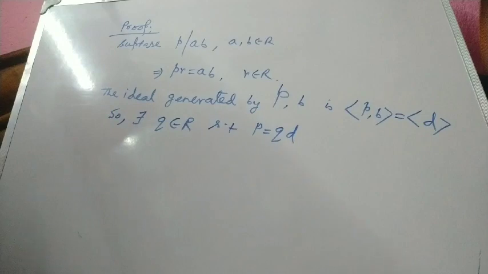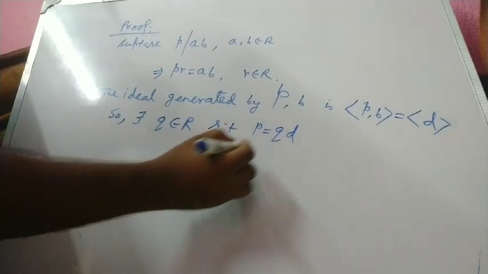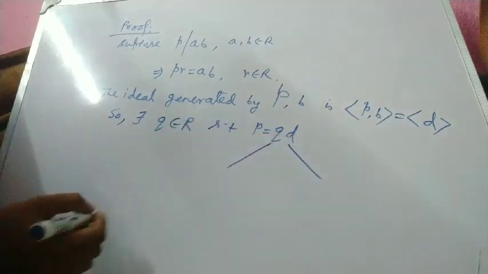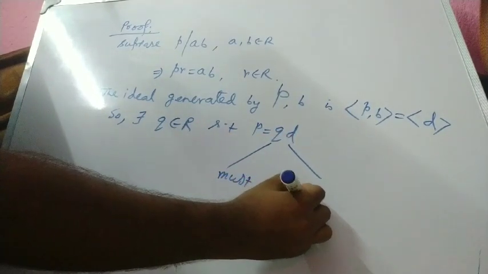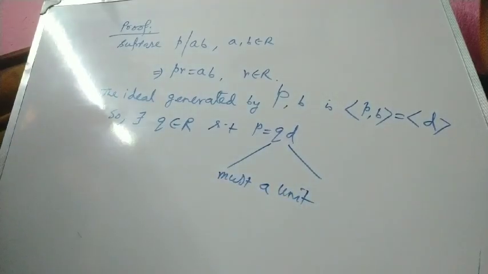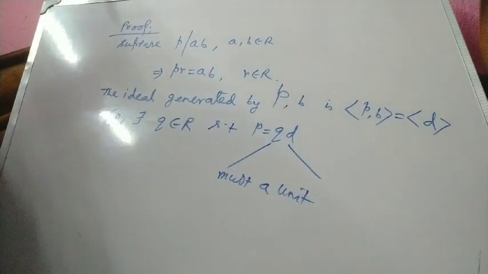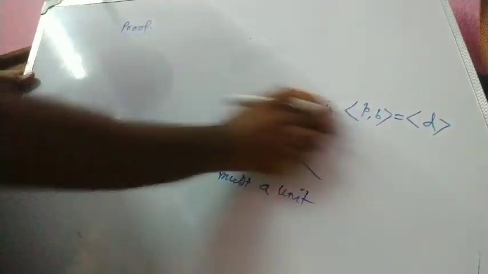As p is irreducible, it is given, therefore either q or d must be a unit.